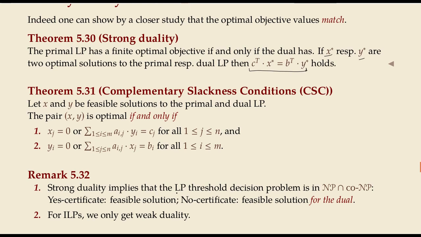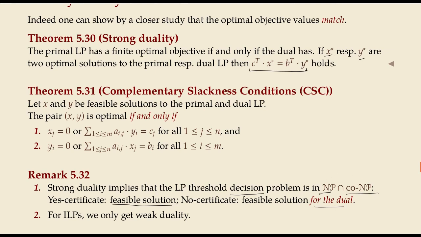But in fact, what this shows is that the decision version of LPs, so given an LP, does it have a solution with objective value better than a given threshold? This problem is not only in NP, which is easy to see, because a yes certificate is just a feasible solution that achieves a value better than that. No, it's also in co-NP, because we can also give a no certificate by giving a feasible solution for the dual problem, so that we get a lower bound that's better than the threshold.